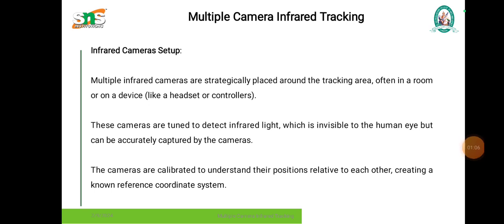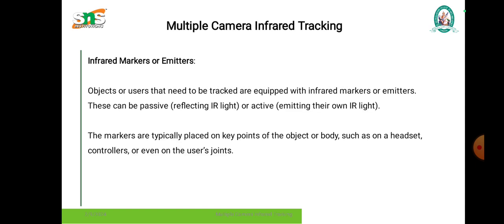These cameras are tuned to detect infrared light, which is invisible to the human eye but can be accurately captured by the cameras. The cameras are calibrated to understand their positions relative to each other, which creates a known reference coordinate system.